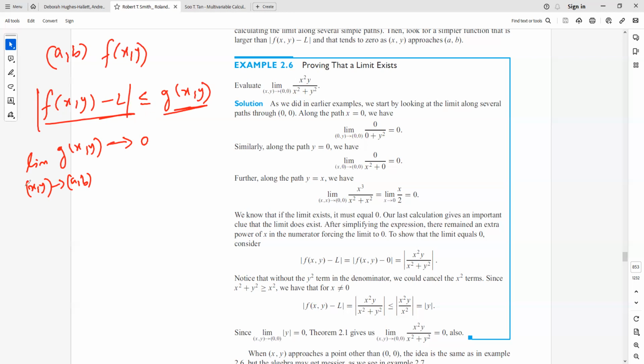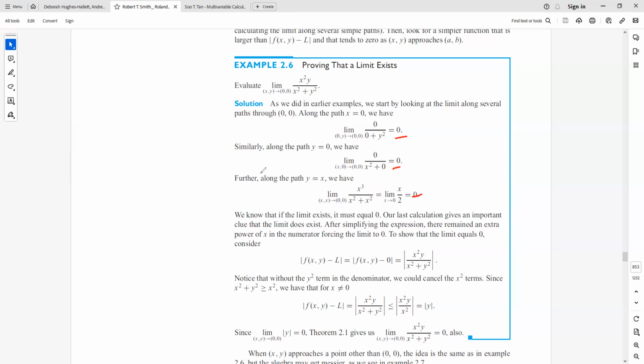So now, because we are getting 0 from these paths, we assume that the limit is 0. That is, the function is converging to 0. So we can write that if the limit of this function is 0, then this distance should be less than or equal to g of x, y at the same point, right?